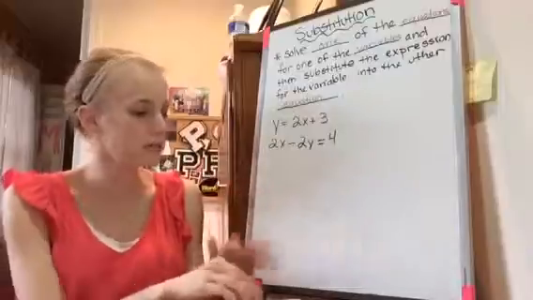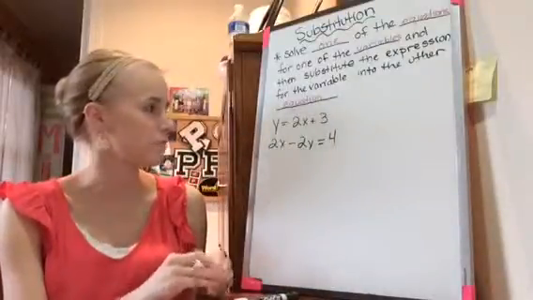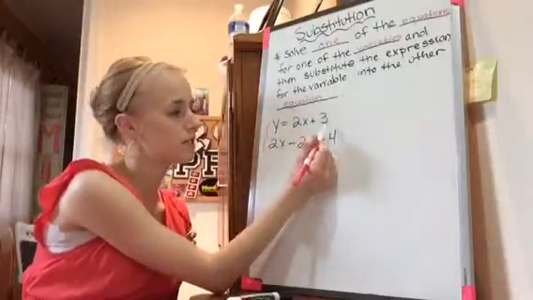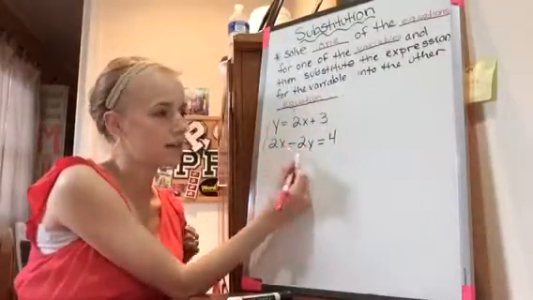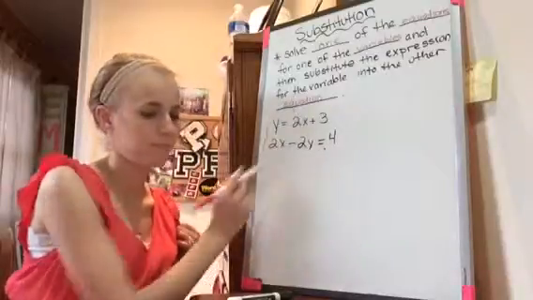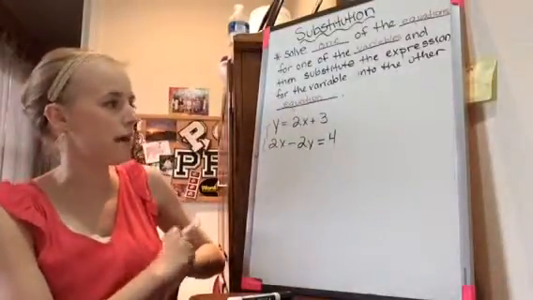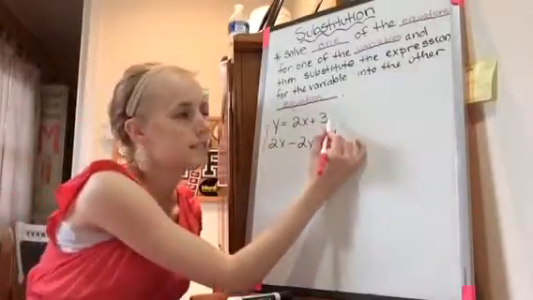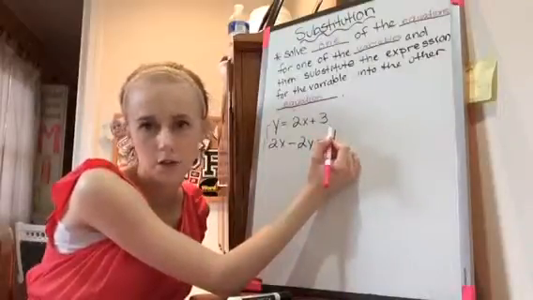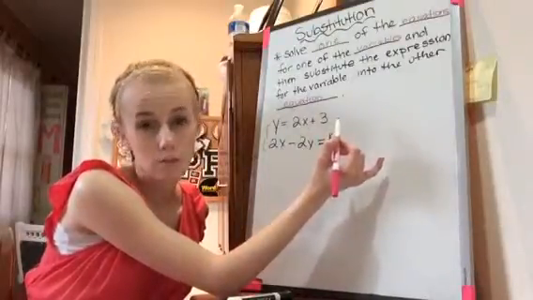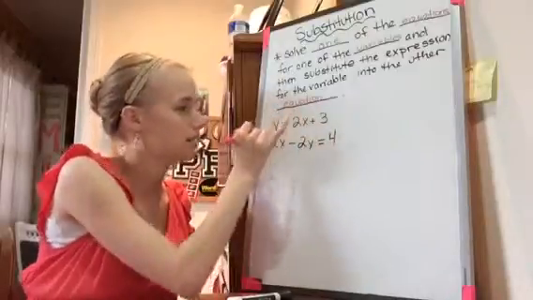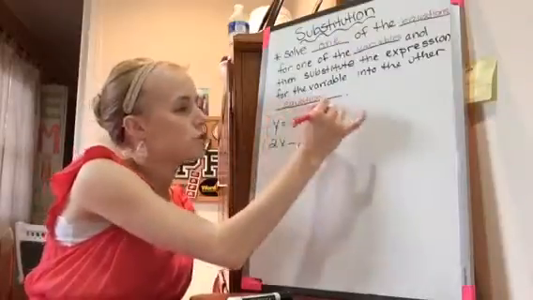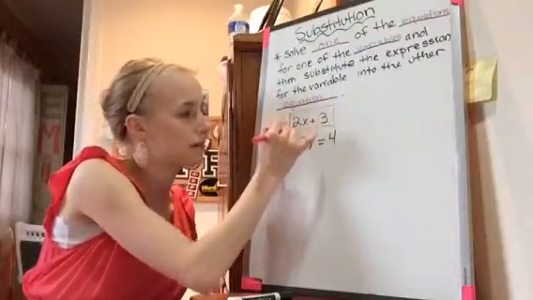So I think the best way you're going to understand this is by looking at the example. So here are my two systems of equations. We've got y equals 2x plus 3 and 2x minus 2y equals 4. All right. So the first thing I'm going to do is I'm going to pick one to substitute in for. Now, if this were in standard notation, I would have to convert one of these into slope-intercept form. But because this is here, it's telling me that y is equal to the 2x plus 3.